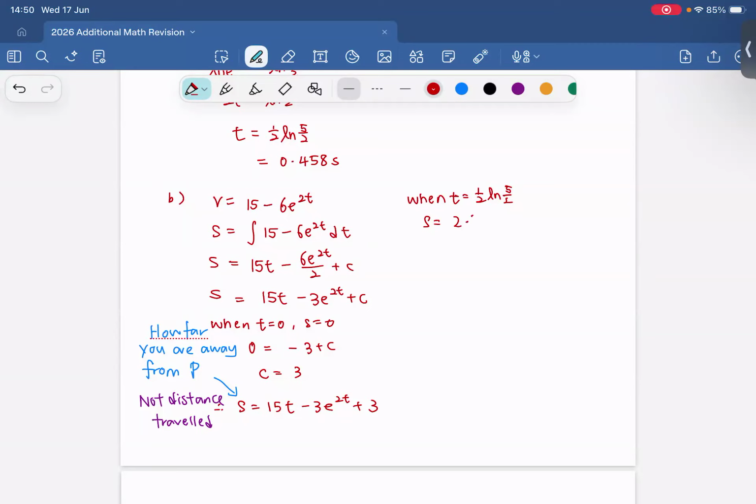We get 2.37218. So when t is at the turning point, this is the s. Now we find the ending when t is 1. What is our s? Our s will be negative 4.1672.